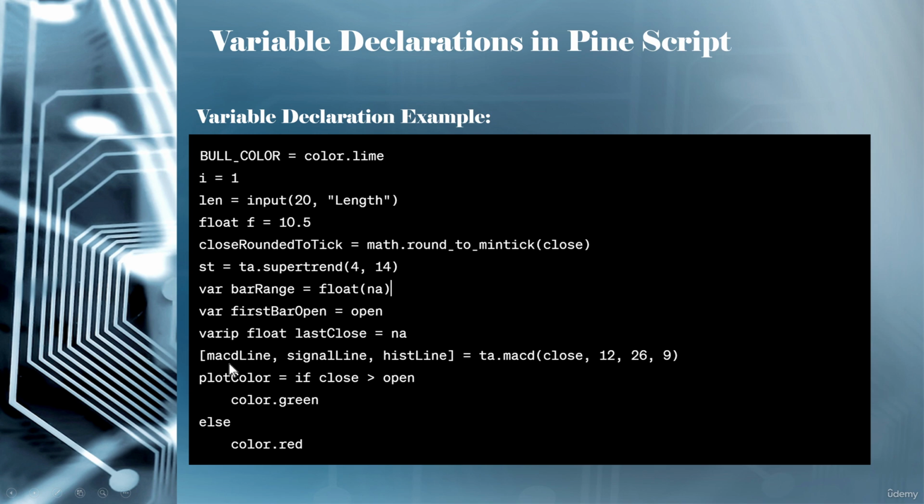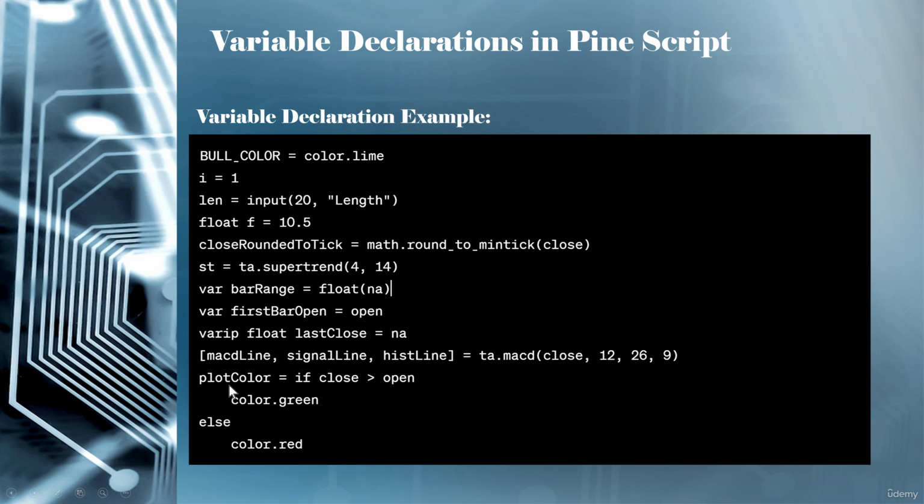Also, let's take a look at the tuple variable declaration. The ta.macd function returns a tuple type of variable. Therefore, we use a tuple variable, which is a sequence of variable names, and this tuple variable gets assigned values from the ta.macd function.